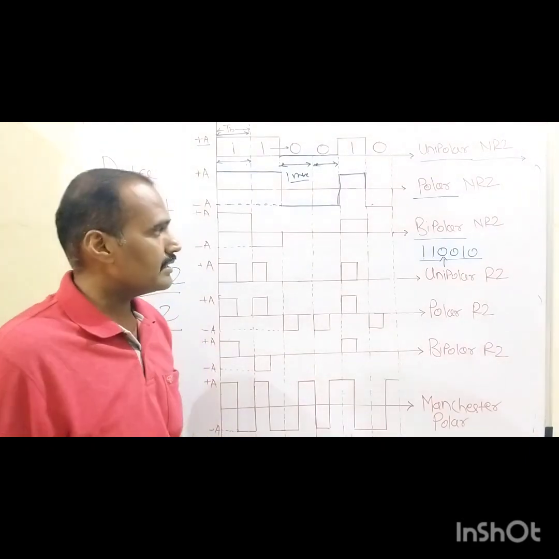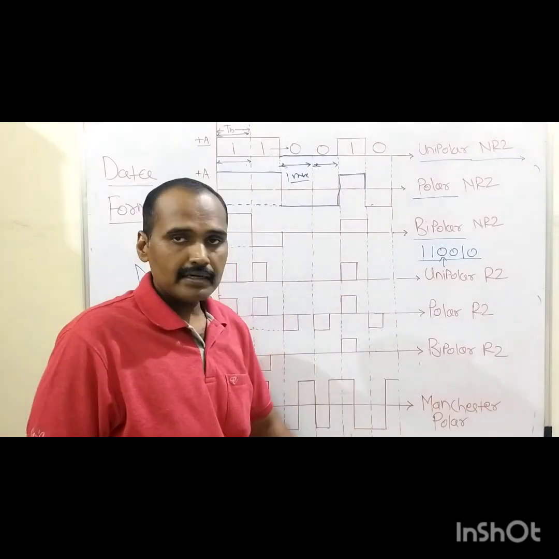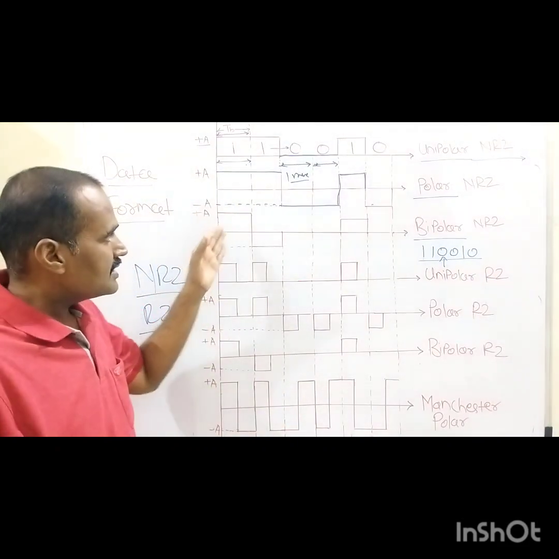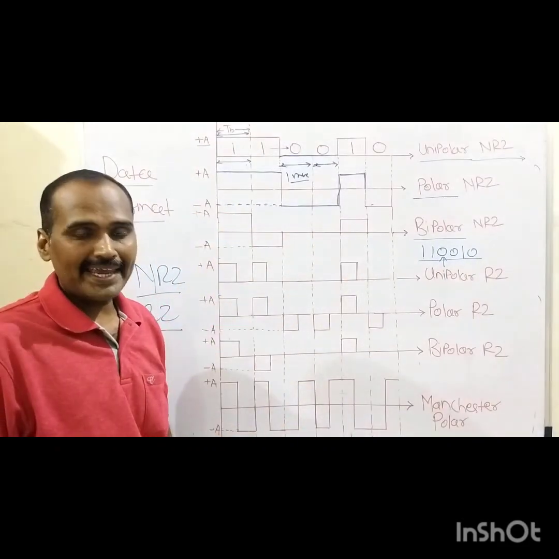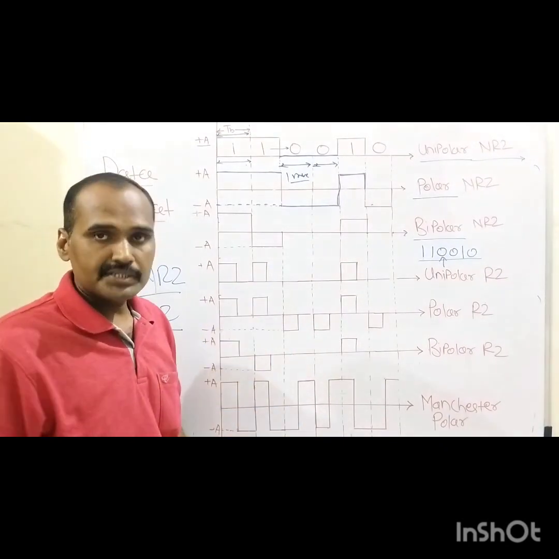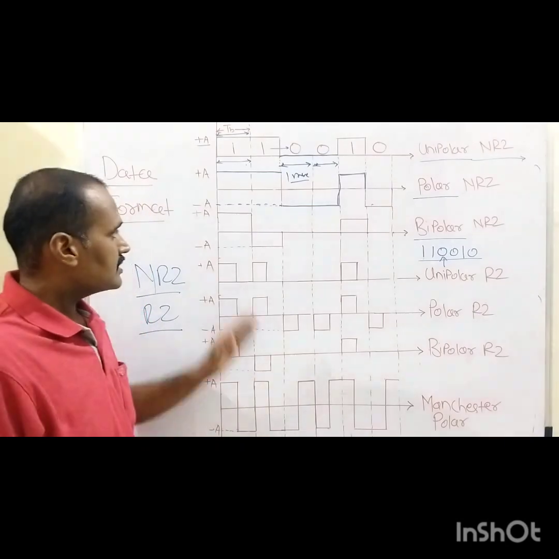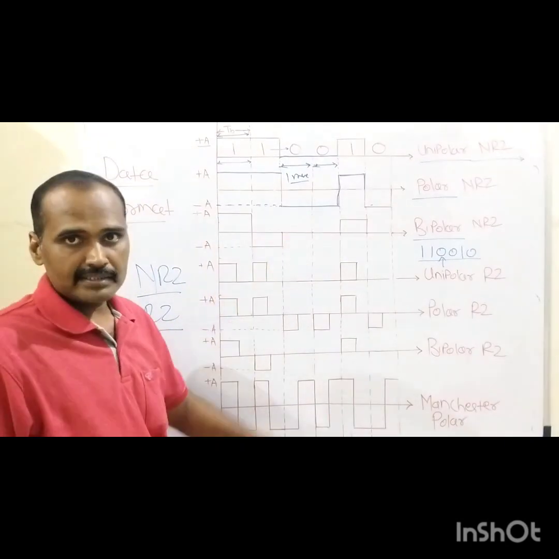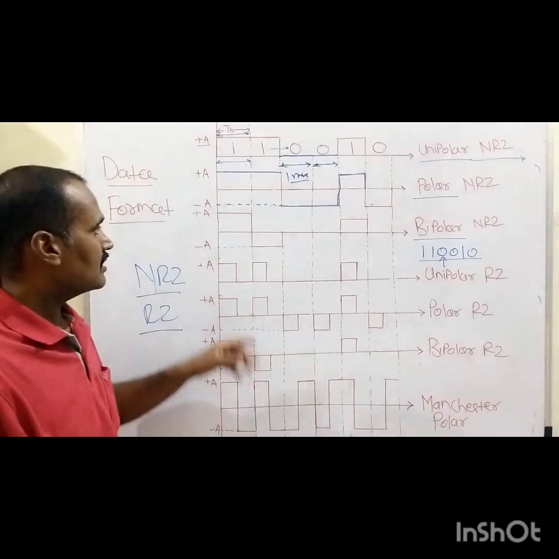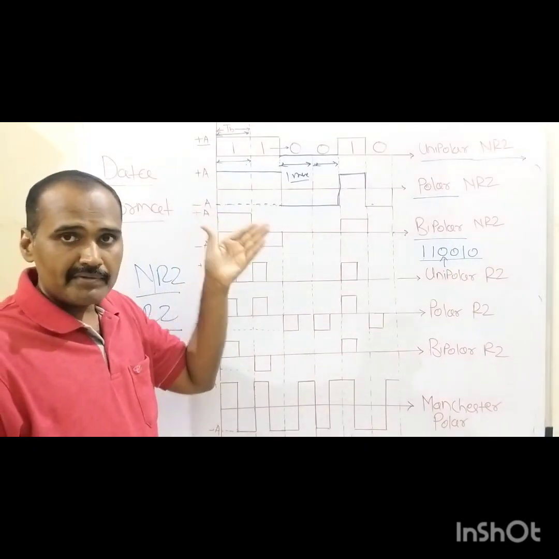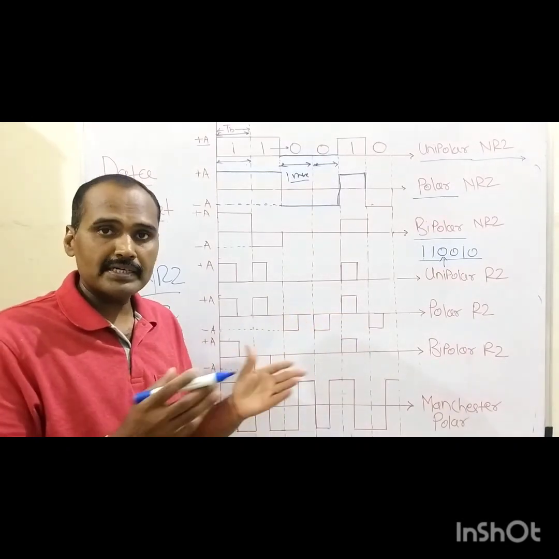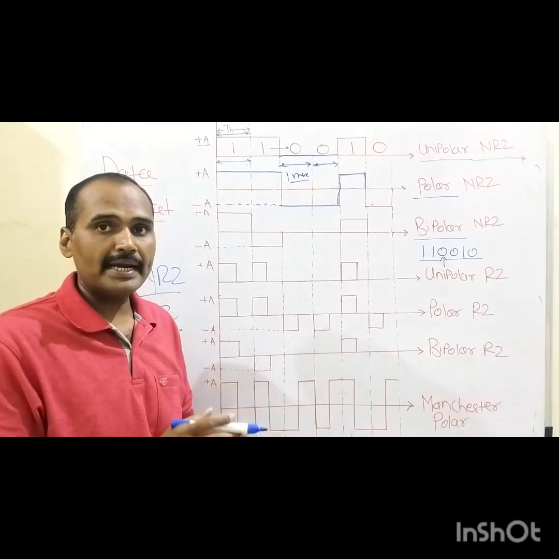Then the third one is the bipolar non-return-to-zero type of sequence. This is how the symbol sequence is encoded with the help of the bipolar NRZ sequence. The unique identity of this bipolar NRZ sequence: in the previous case, the positive and negative voltages were assigned to different signal levels for binary 1 and binary 0.